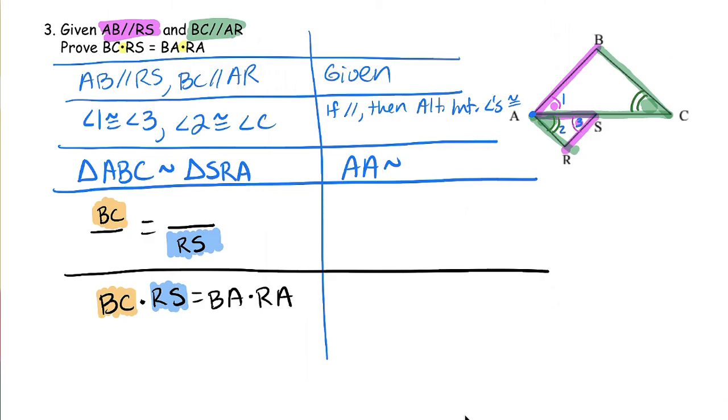Next, look at the picture and look at where BC is located. BC is over here. And think about which side would correspond to BC in the other triangle. That would be the one that goes from the angle with no marking to the angle with 2 marks. So that would be RA or AR.